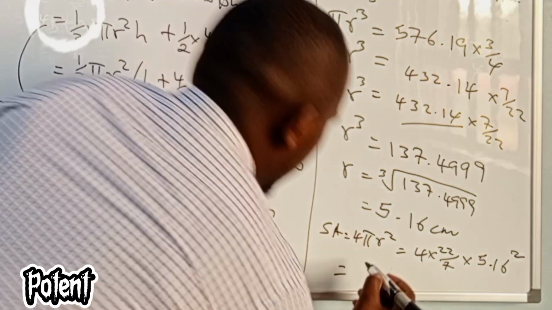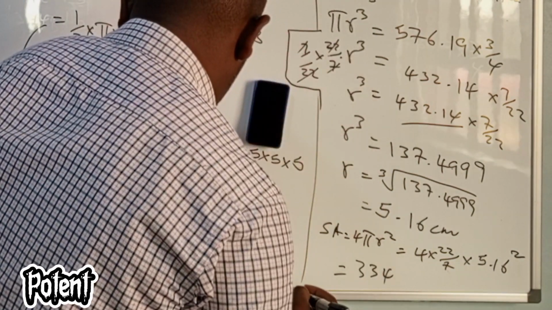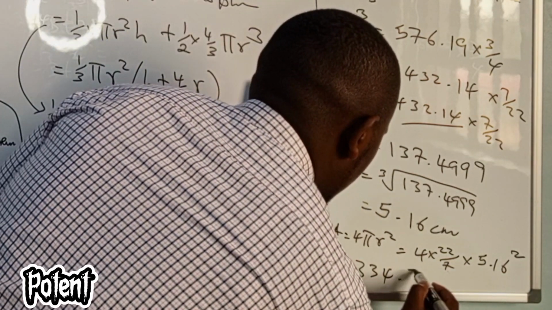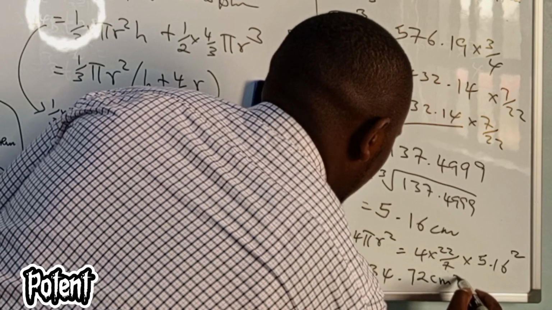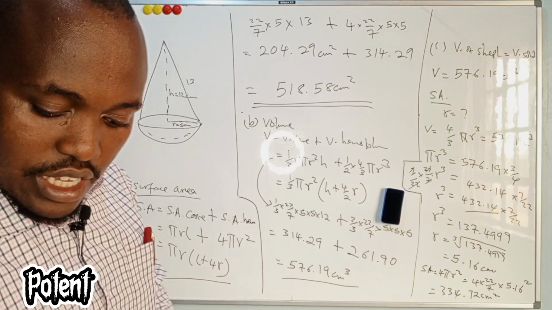So you have 334.72 centimeters squared. Okay?